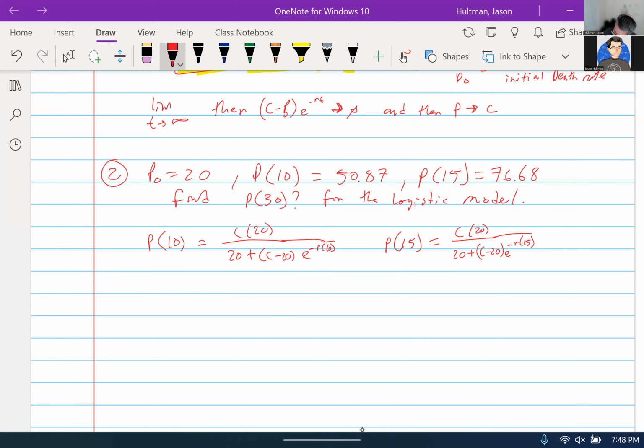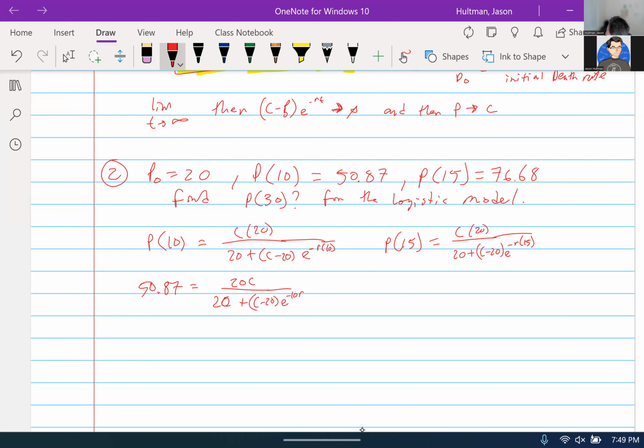P10 is 50.87, which is equal to 20C over 20 plus C minus 20 e to the negative 10R.